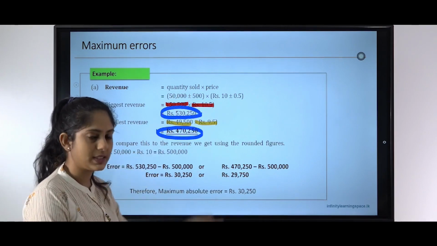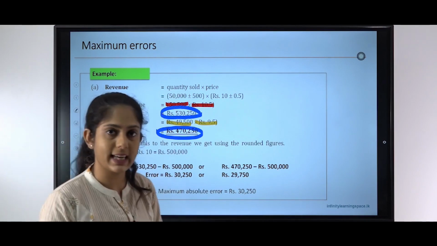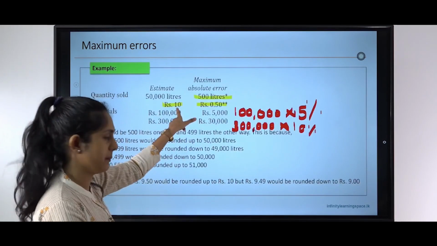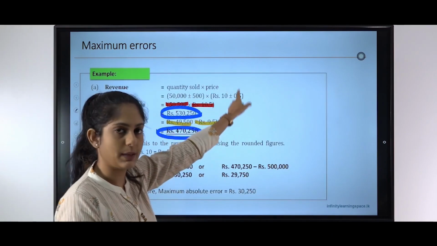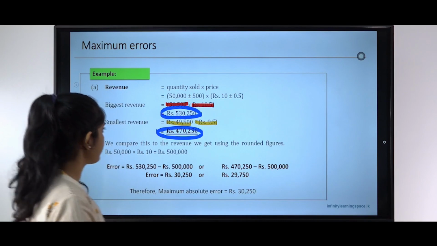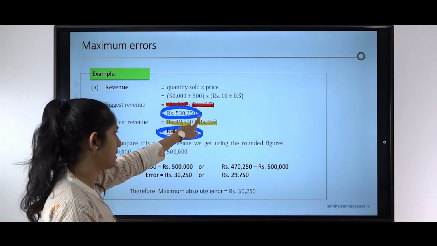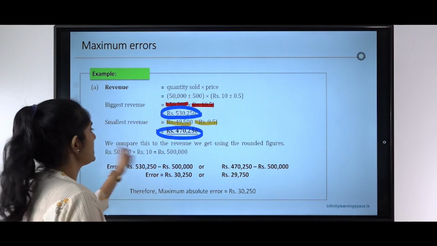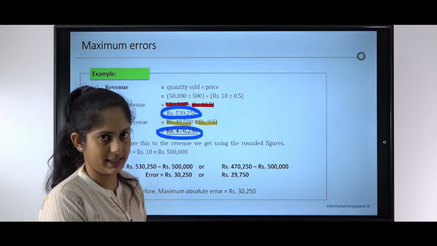Price 10 rupees could have been maximum 50 cents up. If it was 10 rupees 60 cents, they won't give 10 here. They would have given it as 11 rupees. So that's why this can be maximum 10 rupees 50 cents. So using the maximums, your highest revenue is 530,250. Using the minimums, your minimum revenue would have been 470,250, right?